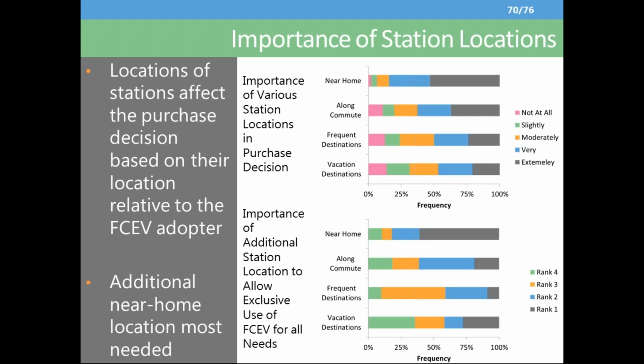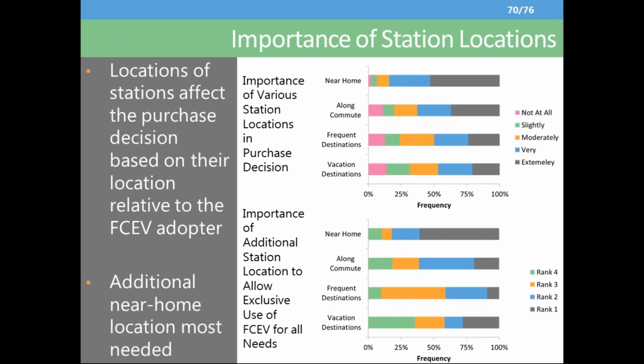But then there's also looking at the importance of different stations to those first adopters, in particular the importance of station locations in the purchase decision. So whether or not these stations were considered by those adopters when they made that decision to buy or lease a fuel cell vehicle.